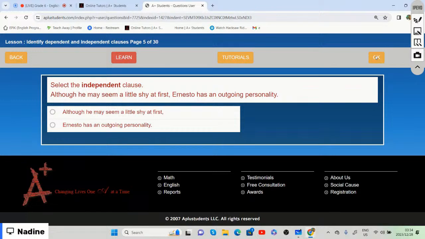It has both a subject and a predicate. Is it "although he may seem a little shy at first," or is it "Ernesto has an outgoing personality"? So which one is the correct independent clause?